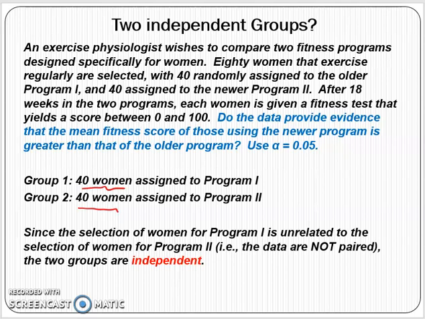Since the selection of women for program 1 is unrelated to the selection of women for program 2, the data are not paired in any way. We don't pair up a woman in program 1 with a woman in program 2. So because the selection of the samples is unrelated, the groups are independent.